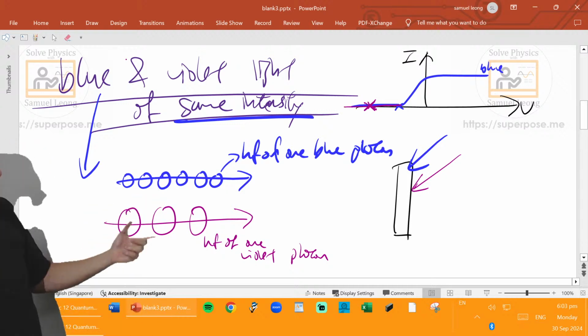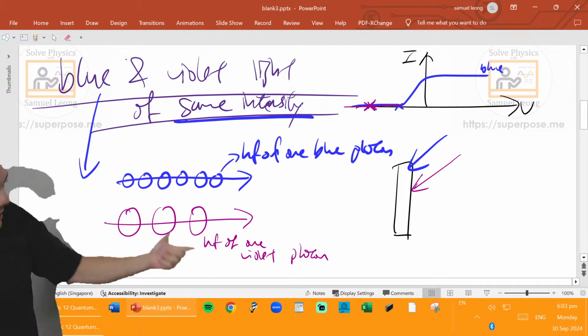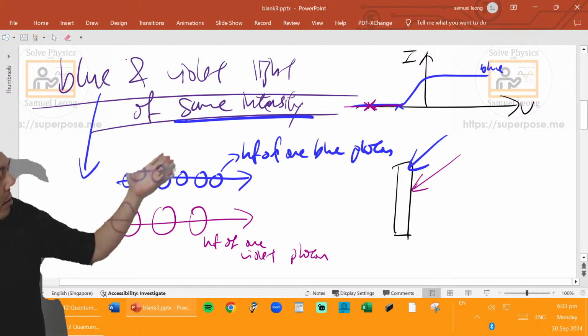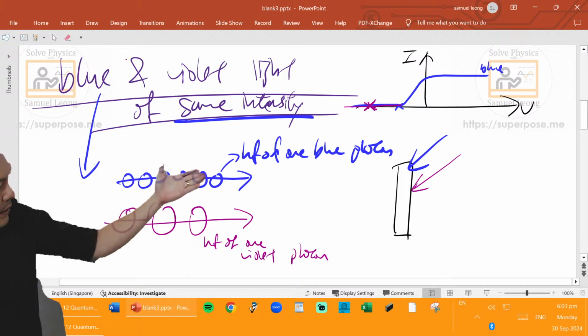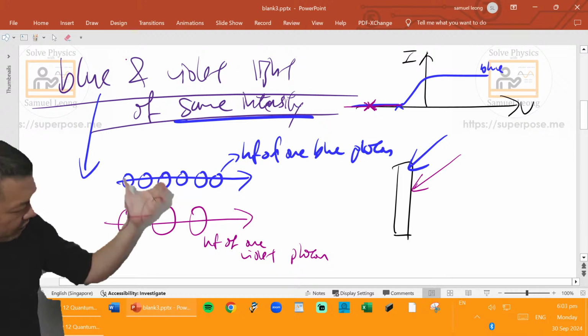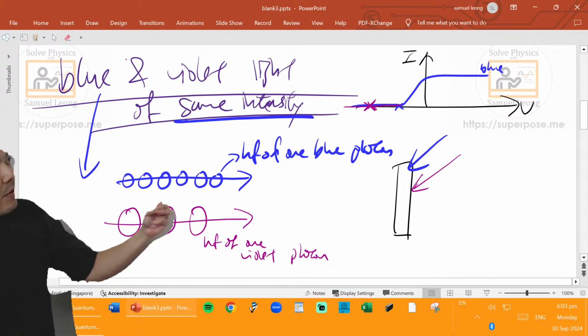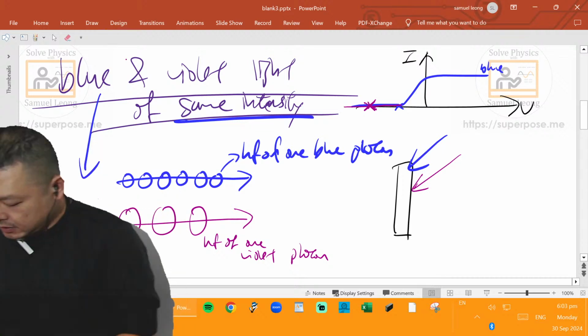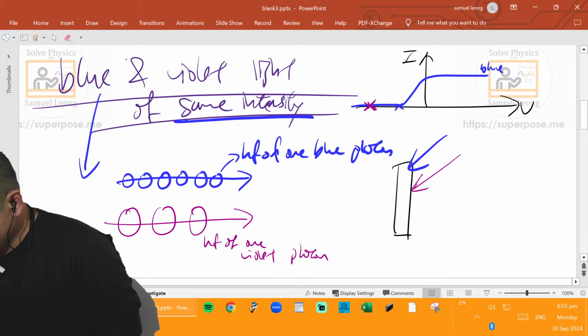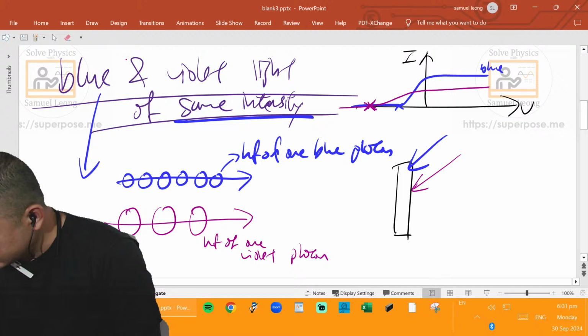But if you're using the same intensity, blue has a lower frequency but a higher rate of photons, and violet will have a lesser rate of photons. A lesser rate of photons means that the graph will start from here and then taper off like that. So this is the violet.